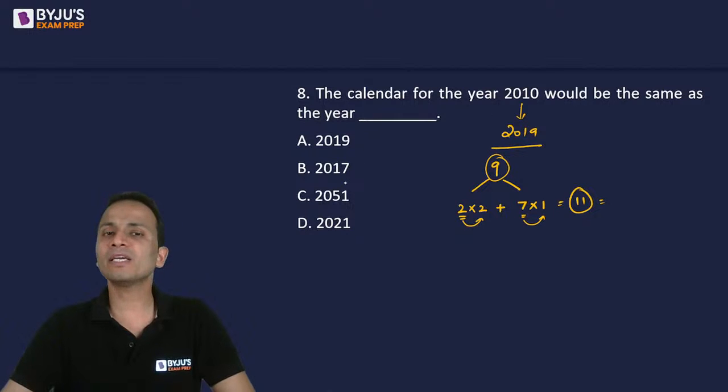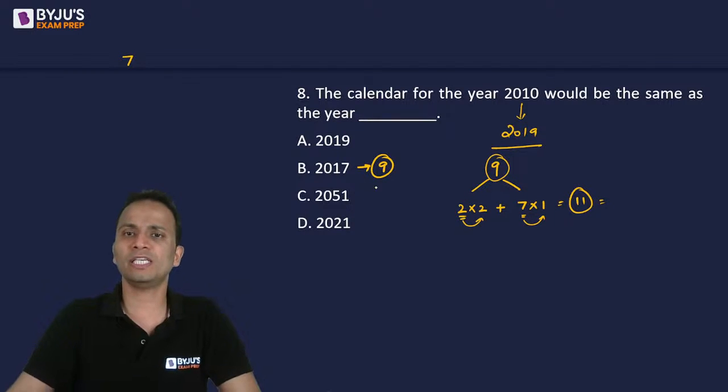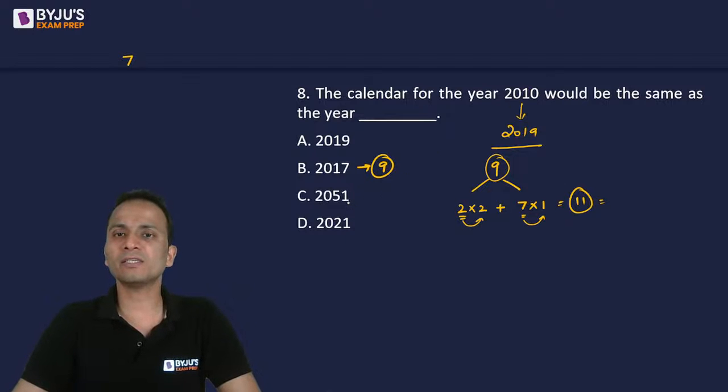Okay? Similar thing, I'll do it for 2017. So total of 7 years, out of which 2 leap years. Okay? So total number of odd days in this case will be 9. So 9 is not a multiple of 7, hence not the answer. Next case, a total of 41 years are added.